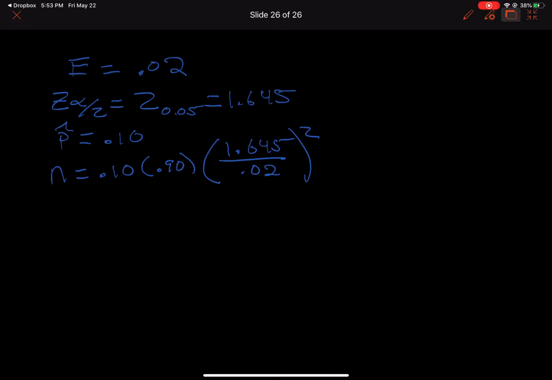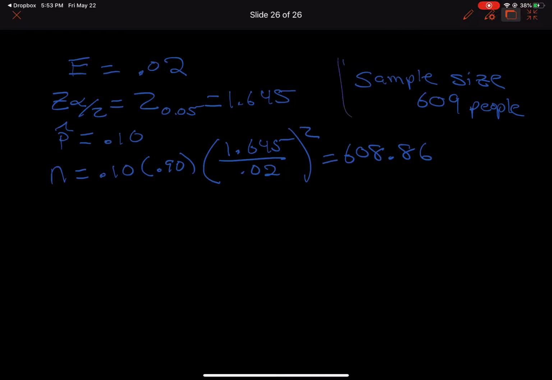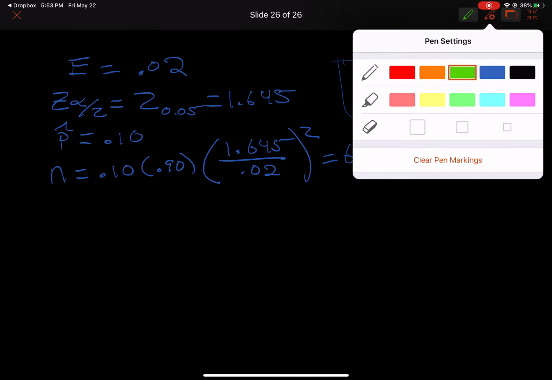Put all of this in my calculator and I got 608.86. So I need a sample size of 609 people. In order to get that margin of error, I need a 609 people sample size.